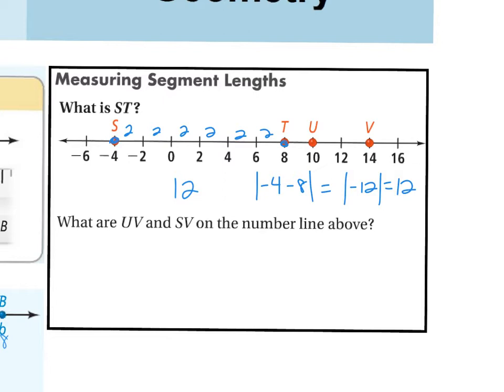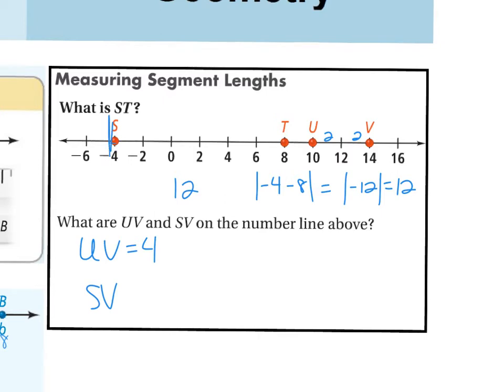Okay, so now the next question is what are UV and SV on the number line above? UV is right here. It's 2 and 2, so that looks like 4 to me. Or you could have said 10 minus 14 or 14 minus 10. The order doesn't matter. And then SV, well, this is a long one.